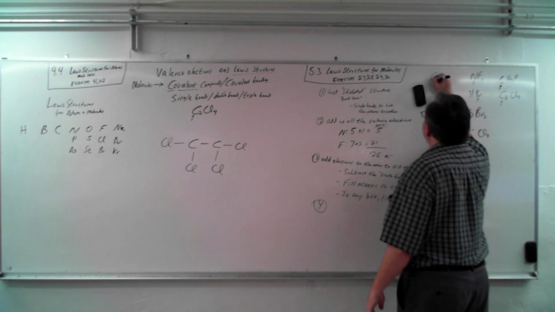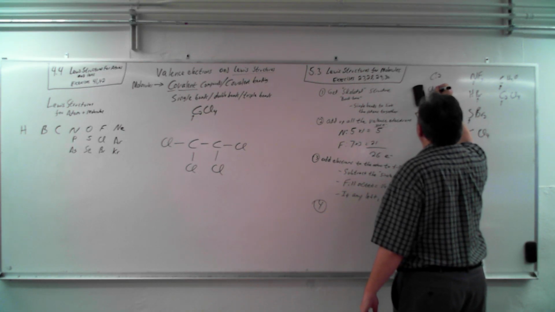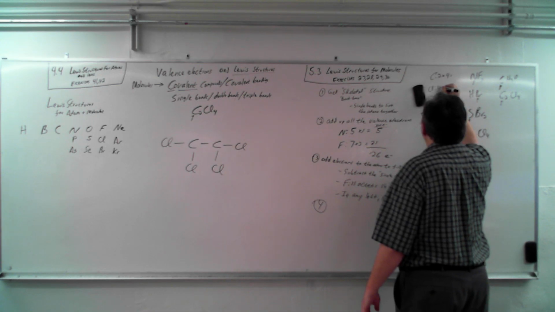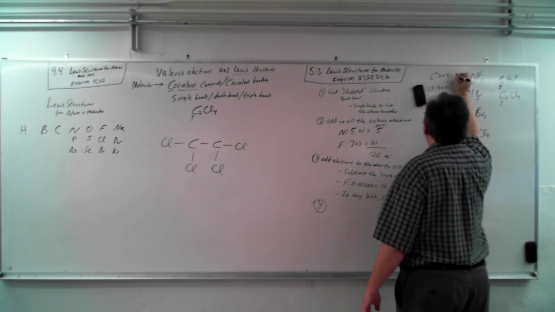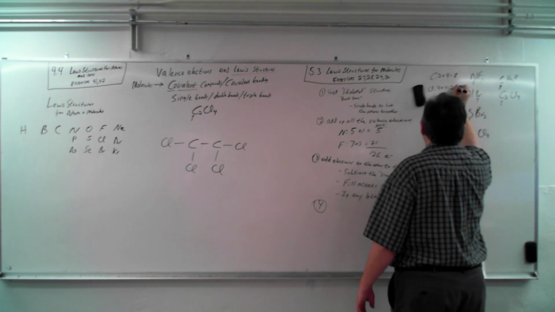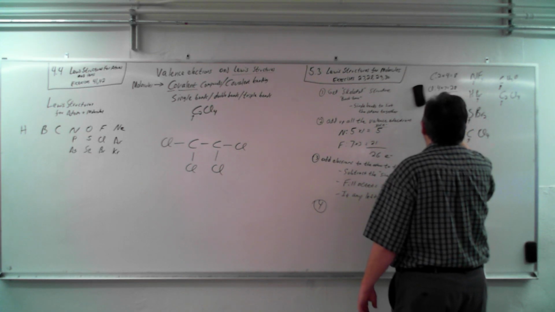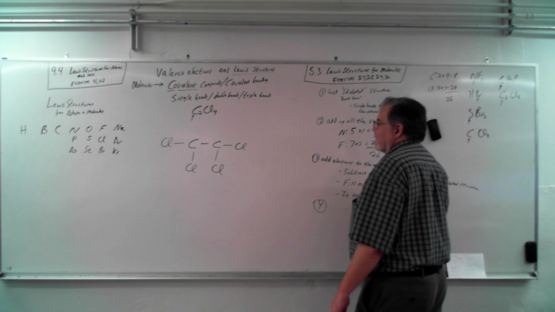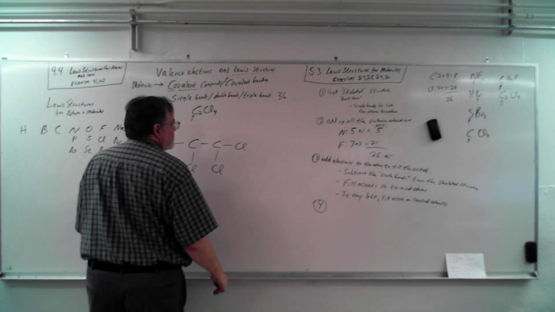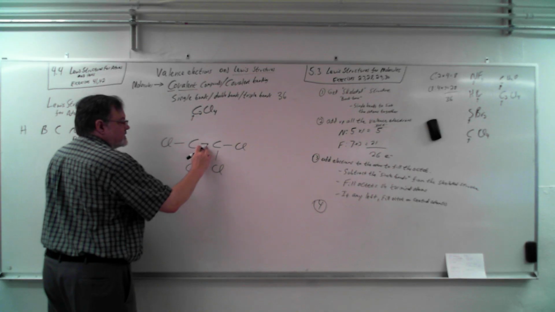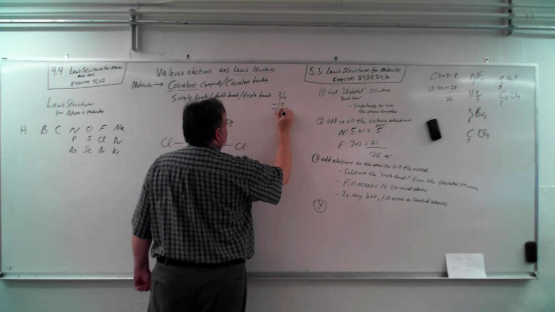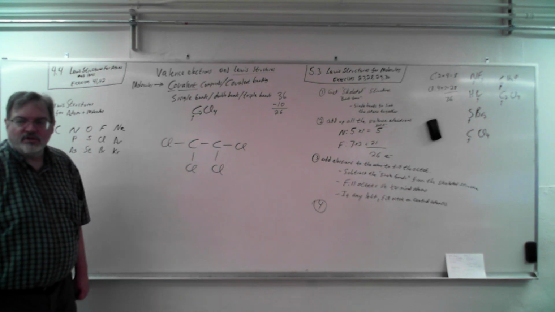we've got carbon, we've got 2 of them, we've got chlorine, we've got 4 of them. Carbon has 4 valence electrons, chlorine has 7. This is 28. So we have a total of 36 electrons to work with. 36 electrons. 2, 4, 6, 8, 10. We've already used 10 just to make this backbone structure.